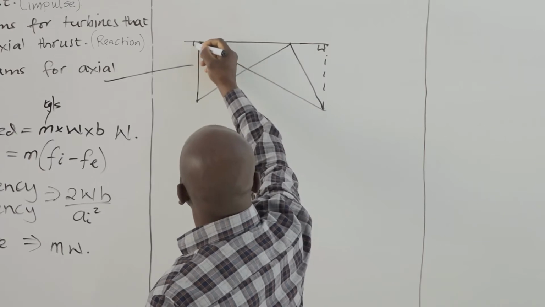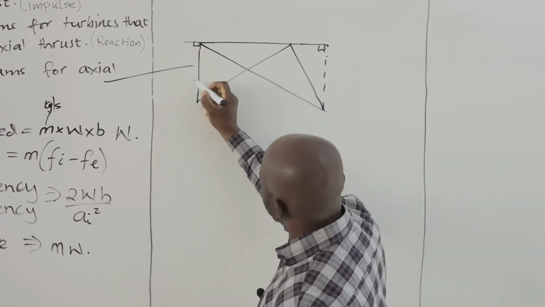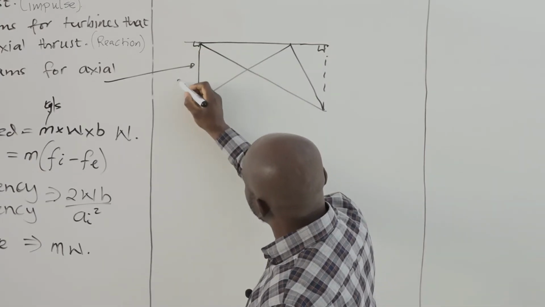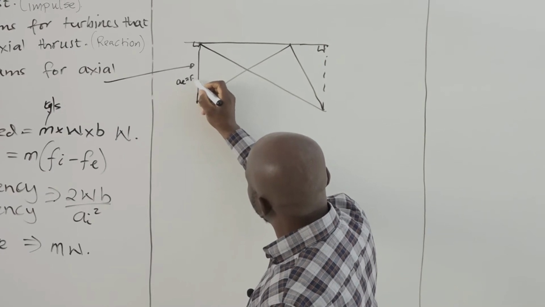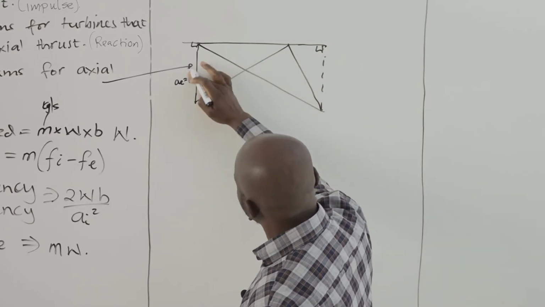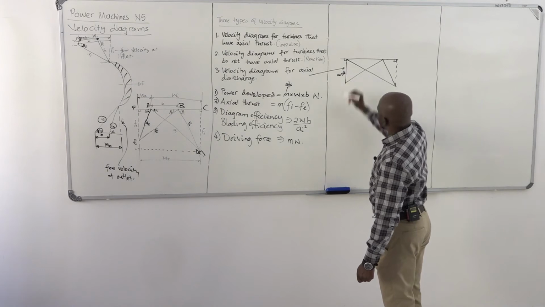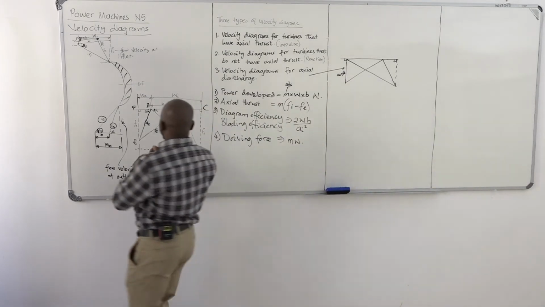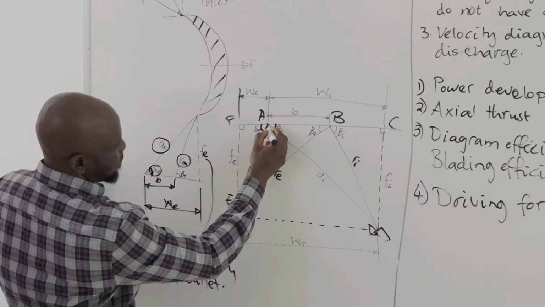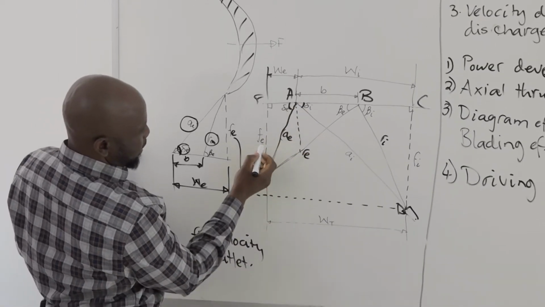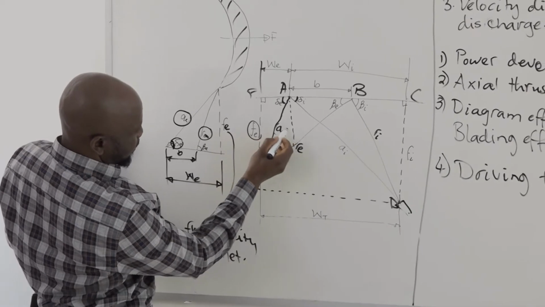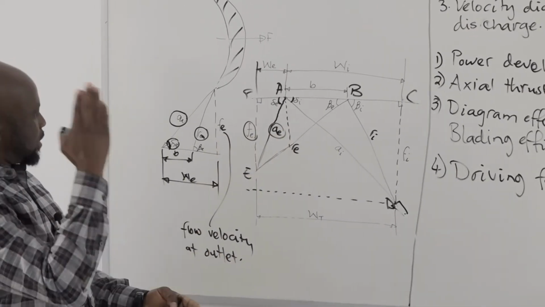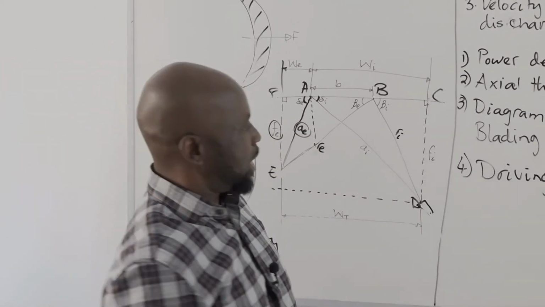And this angle there will be 90 degrees, which means that this AE is going to be equal to FE. So if this is 90 degrees, this one and this one will be on the same point and on the same line.